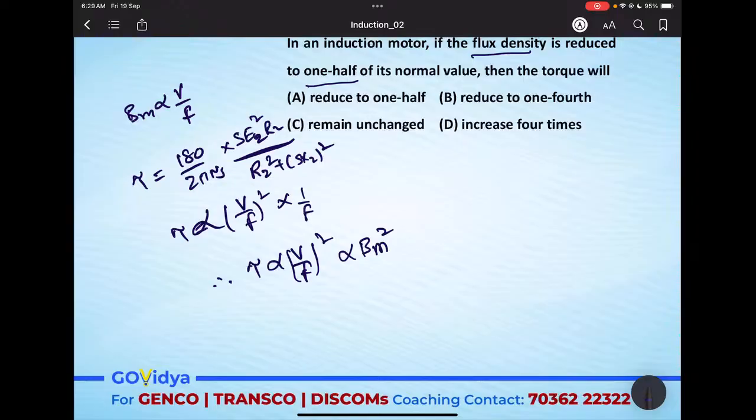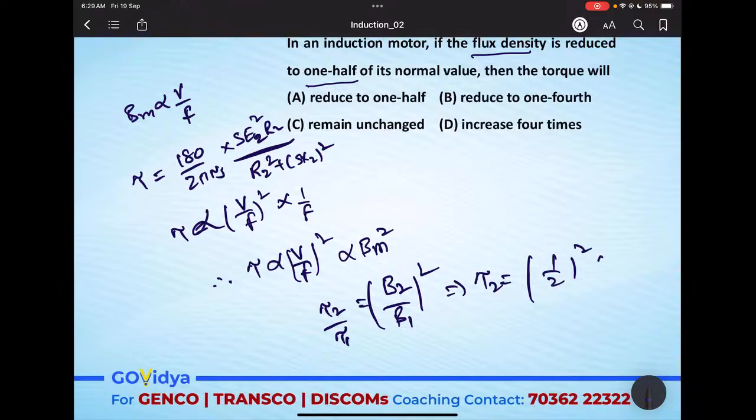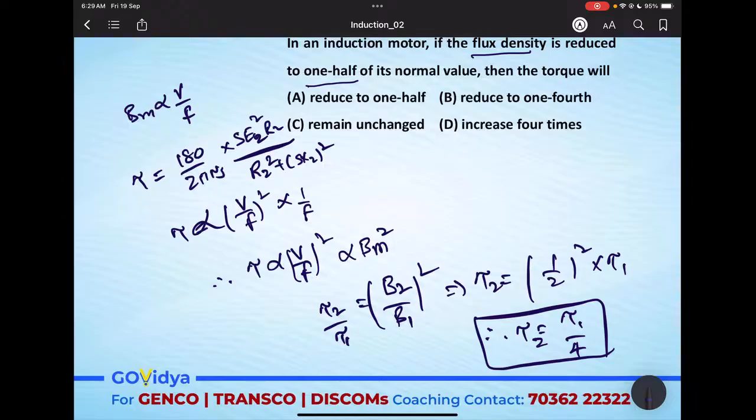So T2 by T1 is Bm2 by Bm1 whole square. Bm2 is reduced to 1/2, so T2 equals 1/2 whole square into T1. Therefore, T2 equals T1 by 4. So our option will be B.